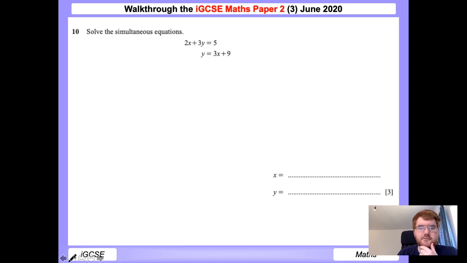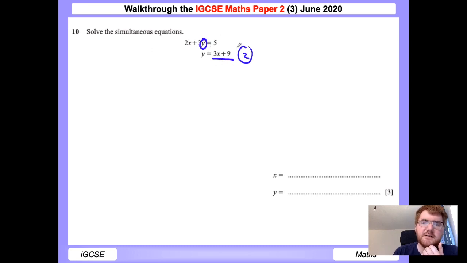Okay, now we've got a simultaneous equation. So this is set up in such a way that they want you to solve this by substitution. Normally when we teach this, we want to do it by elimination. But this is set up in such a way that we want to do this by substitution. What do I mean by this? So y is equal to 3x plus 9. So what we can do is replace the y in the first equation with 3x plus 9.